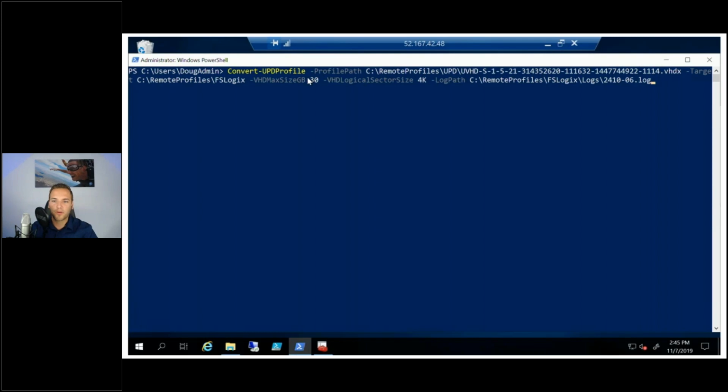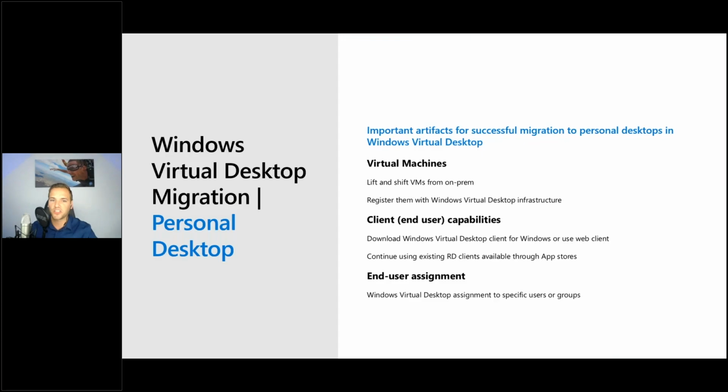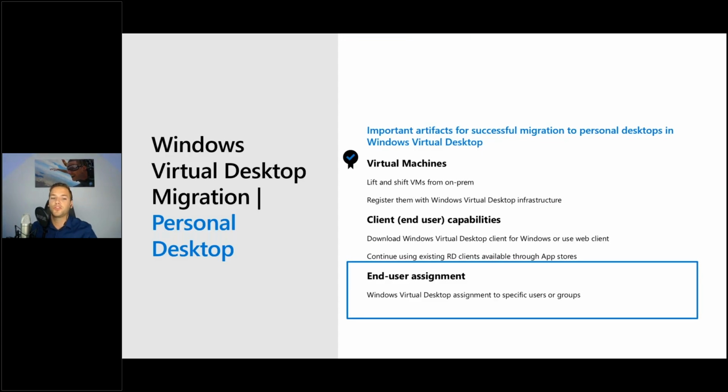With that process, you eventually create a VHDX, and that VHDX is then available on an Azure Files share, SMB share, or Azure NetApp Files, and then you can use it afterwards as part of your Windows Virtual Desktop session, and you can reuse your existing roaming profile inside your new Windows Virtual Desktop environment.